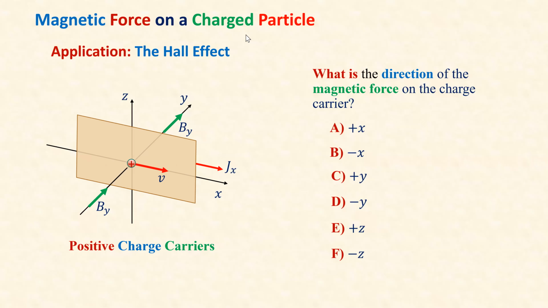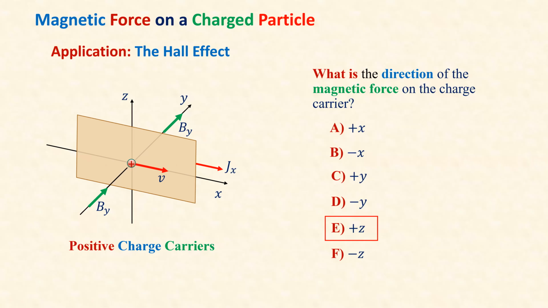Cross product will be in the Z direction. And because the charge is positive, the force is in the direction of V cross B. Or you can say i cross j is k. So i cross j is k, so the direction of V cross B will be in the positive Z direction. And because the charge is positive, it remains the same. So the answer is E, which was the most popular answer.